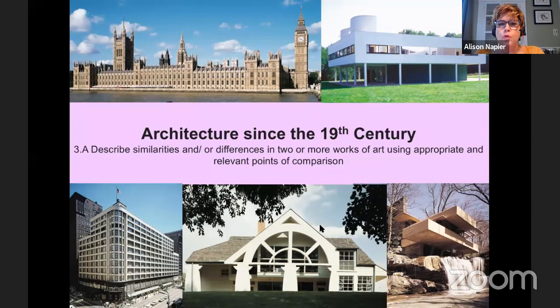We're going to use skill 3A. So we're going to talk about similarities and differences in architecture, which you certainly know exist just by walking around your own towns and cities. And the changes in architecture, the responses to social, historical context, all of that we see in the 2-dimensional works, we also see in these architectural structures.